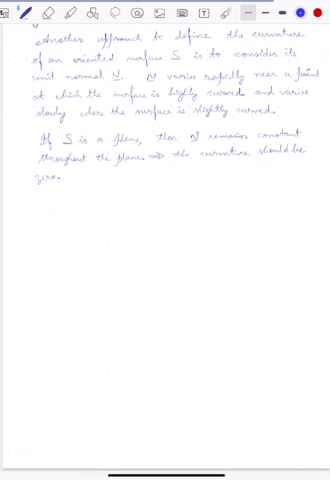Now, there is where the idea of the Gauss map comes in, right? So what does the Gauss map do?